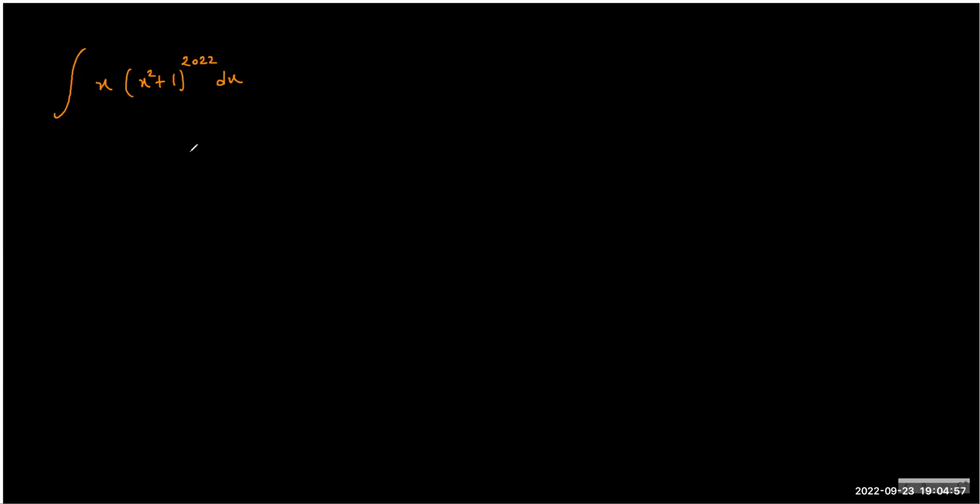Do you see something? Do you see the differentiation of one another? And if yes, then what do you see? What can be differentiated to get the other? So x square can be differentiated. When we have x square plus some constant, why don't you take the entire constant and x square together?